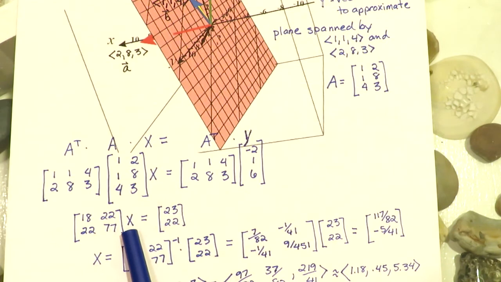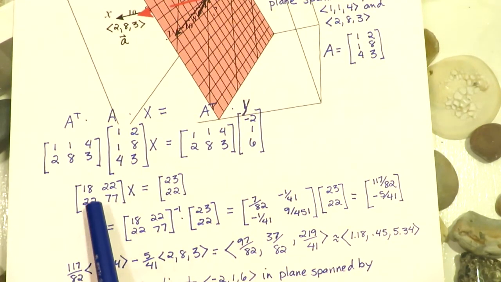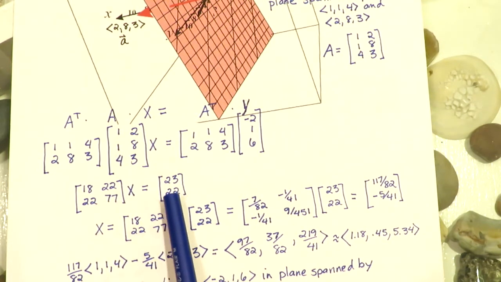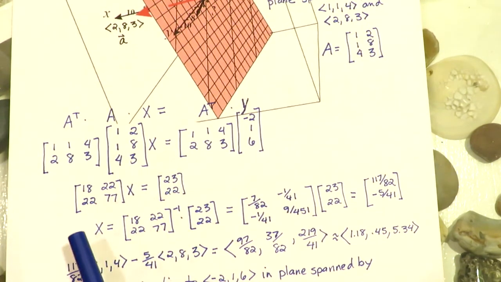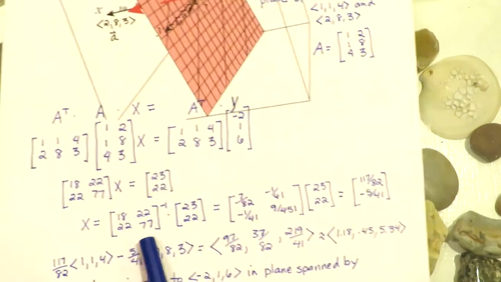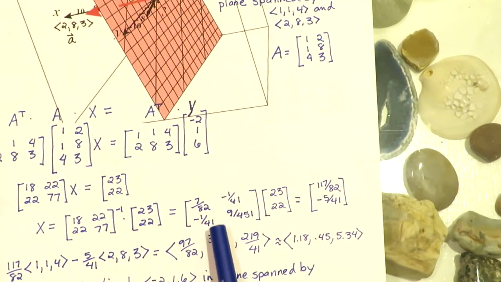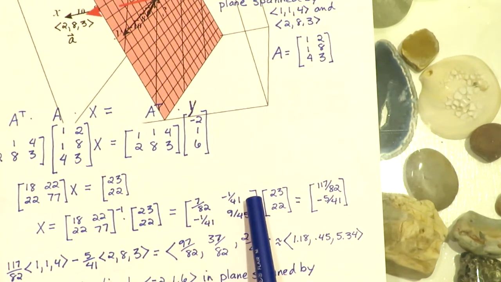Now we're trying to solve for X. So X will be equivalent to the inverse of this matrix multiplied on both sides. When I multiply this side by the inverse of this 2 by 2, I will get X, and I need to do the same thing on the other side of the equal sign. The inverse of this matrix turns out to be this 2 by 2: 7/82, -1/41, -1/41, and 9/451.